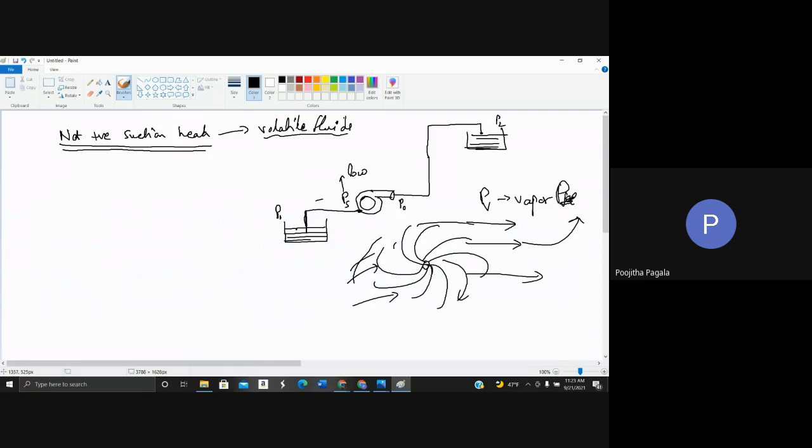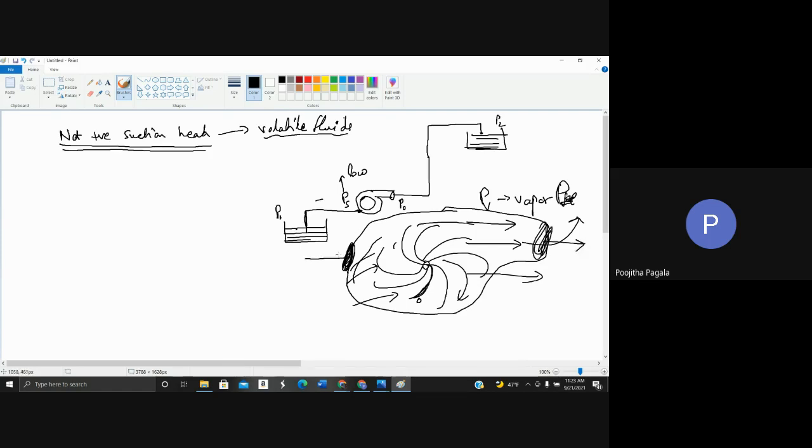So near the rotor blades, the fluid experiences a pressure much lower than the suction pressure. Let us say this is our pump. The suction is from here, and the discharge is from here.